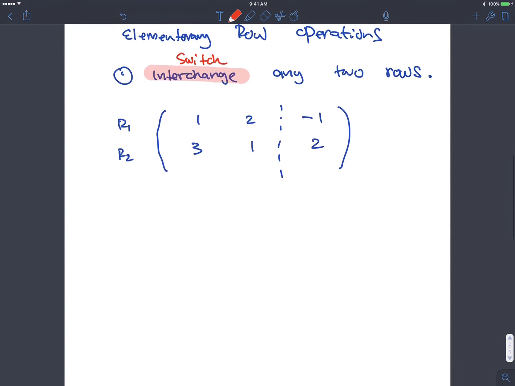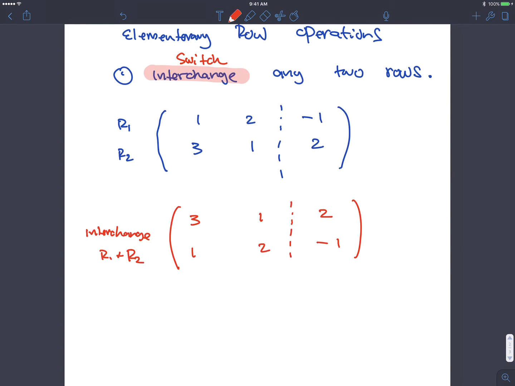What that looks like is row 2 is now row 1. We get 3, 1, 2. Row 1 is now row 2. I get 1, 2, -1. Here's an example, again, of how to switch or interchange row 1 and row 2. That's what we can do.